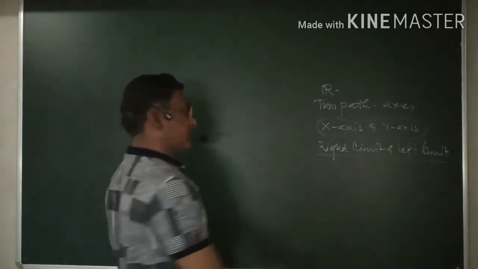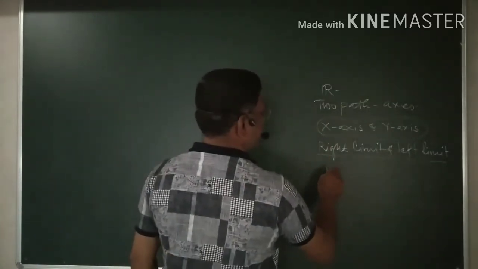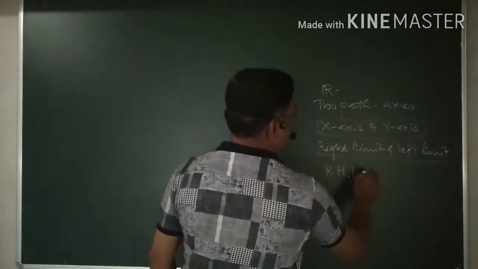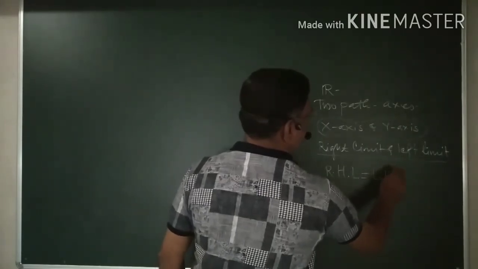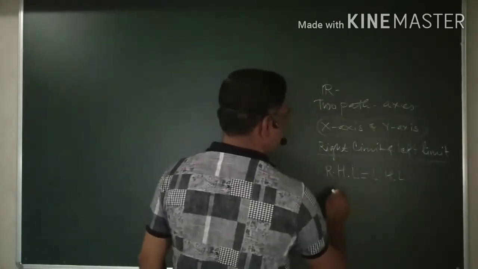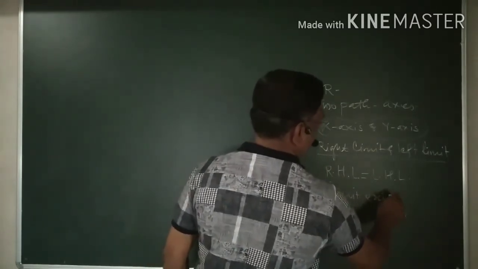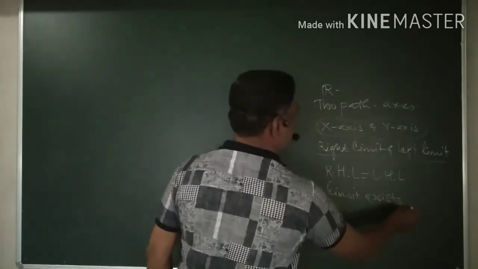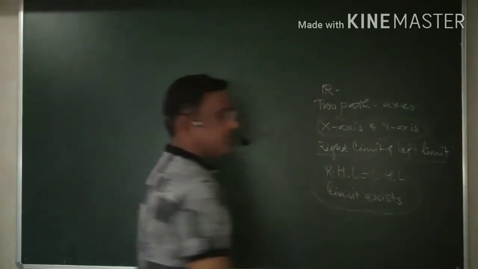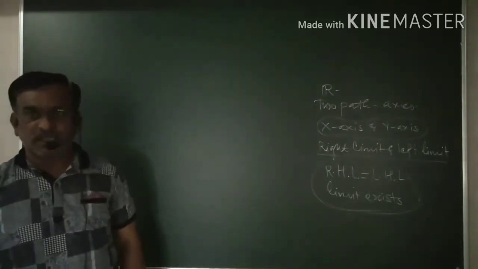Means, if the right hand limit is equal to the left hand limit, then we say that the limit exists.